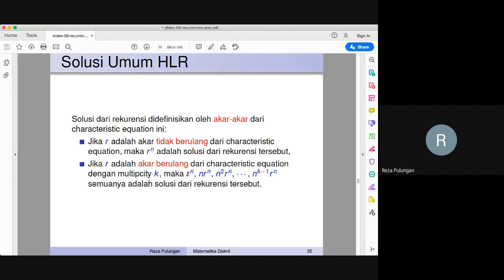So just r to the power of n is not enough, because if it is just r to the power of n k times, then the whole thing will just disappear. So you have to multiply. The second one is n multiplied by r to the power of n, the third one is multiplied by n again, n to the power of 2 multiplied by r to the power of n, and so forth until n to the power of k minus 1 multiplied by r to the power of n. All of them are solutions of the recurrence.